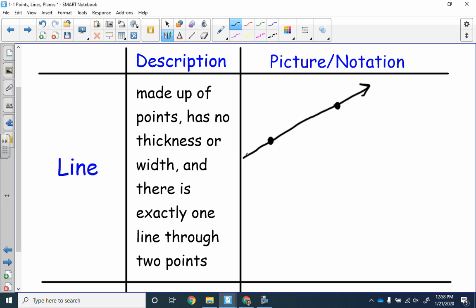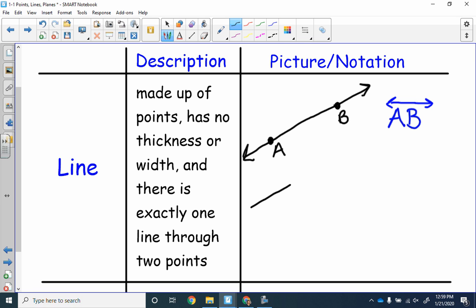Like it says right here, it has no length or width to it, so therefore it goes indefinitely in both directions. As far as naming the line, I'm going to base it off the 2 points that I see. Say I have point A and point B both on this line. I will use those points as reference, and over the top of it I will draw a line with 2 arrows on it, and that is referring to line AB.